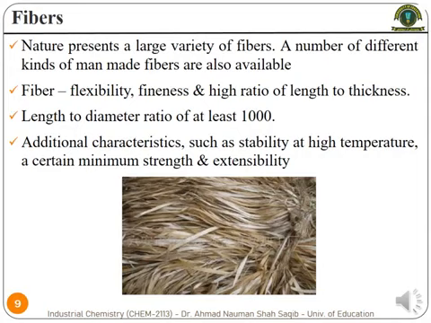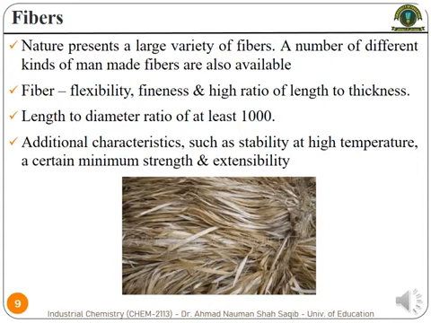But besides the natural fibers, nowadays there is production of a variety of man-made fibers that can also be used for the manufacturing of textile products. But normally most of the textile products being used in the world today are made from natural fibers.